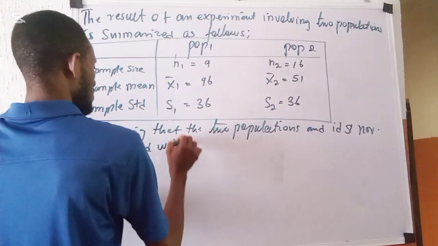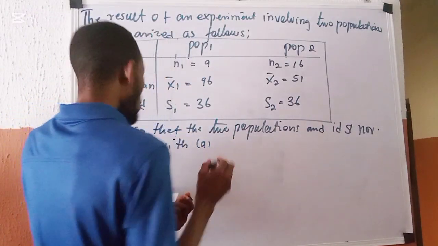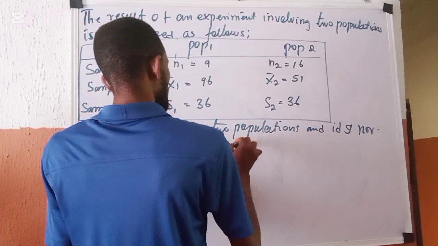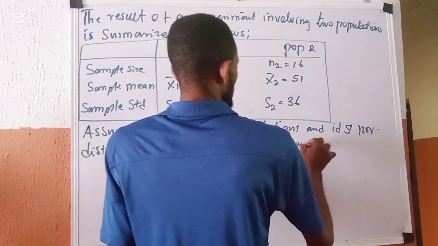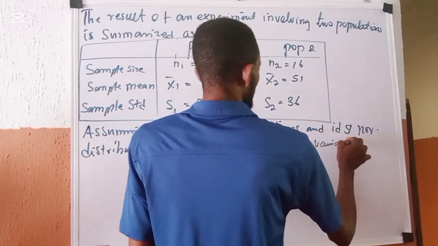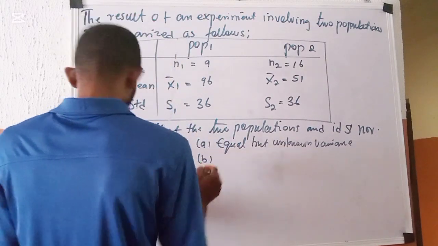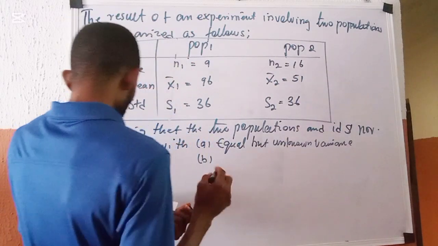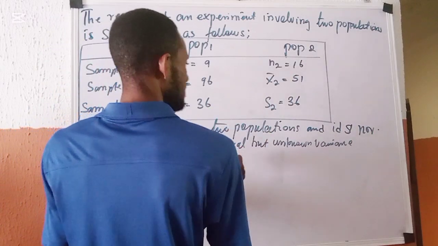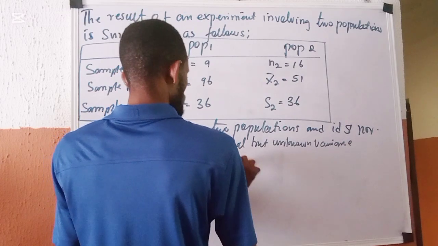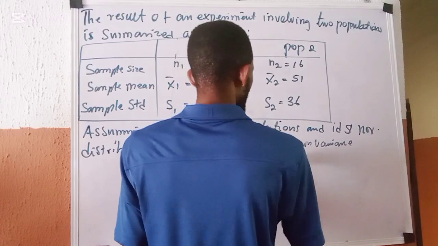With condition A, equal but unknown variance. Condition B, unequal but unknown variance.